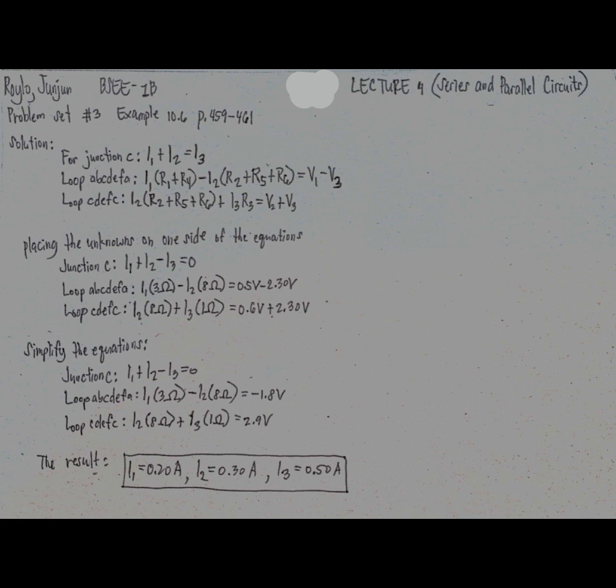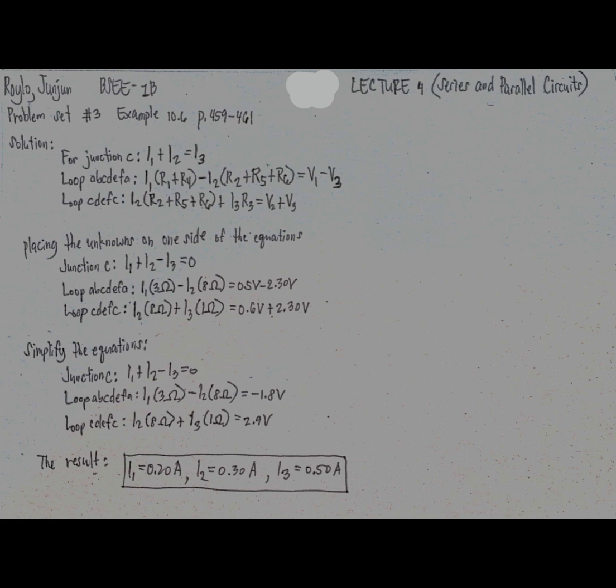So junction C: current 1 plus current 2 minus current 3 equals 0. Then for the loop EBCDEFA: current 1 times 3 ohms minus current 2 times 8 ohms is equal to negative 1.8 volts.